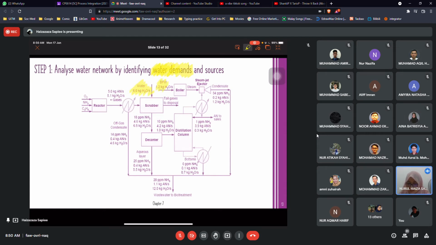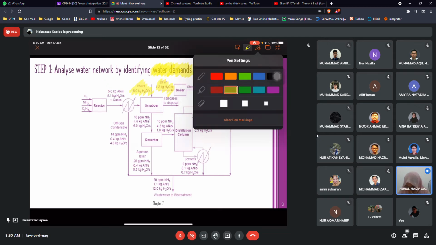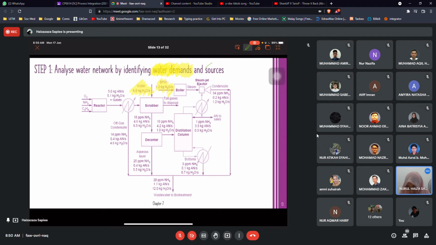Okay, betul. Ada lain tak? Tak ada dah. Okay, so water demand is basically which of the equipment yang memerlukan water for it to function. So you need water for the boiler to boil it into steam, and you need water for the scrubber to clean your gases kan.